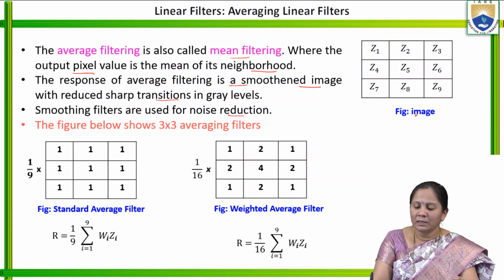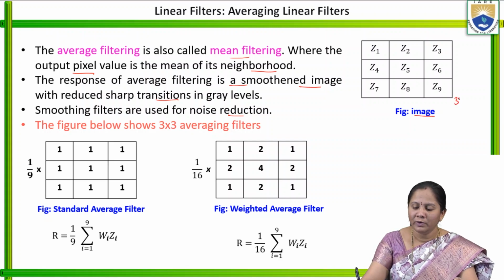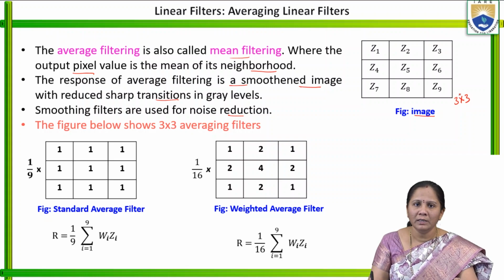If we consider here an image of size 3 by 3, the pixels available in this image are Z1, Z2, Z3, Z4, Z5, Z6, Z7, Z8 and Z9. As it is a 3 by 3 image, it consists of 3 rows and 3 columns.